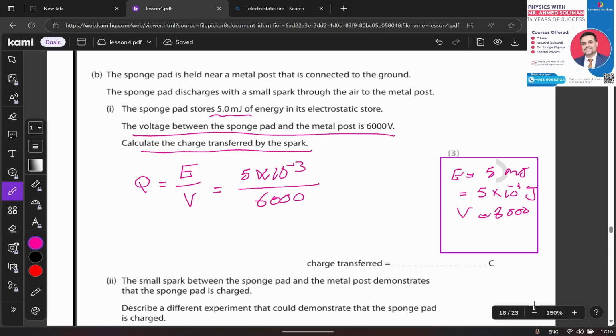So what does the charge equal? 8.3 times 10 to minus 7.